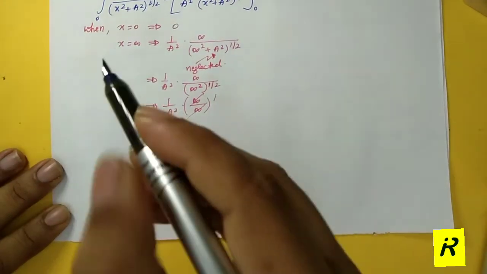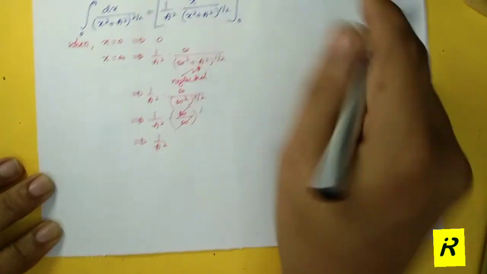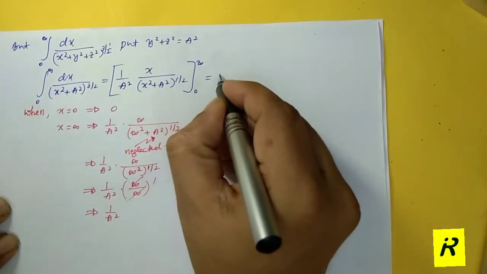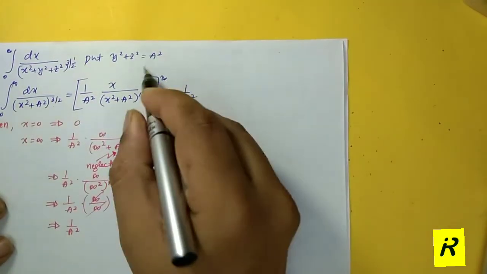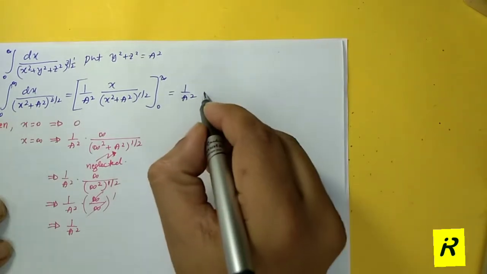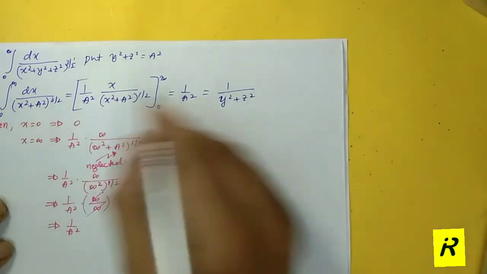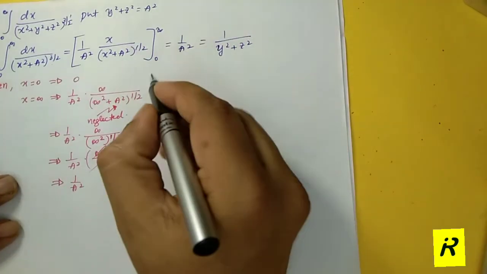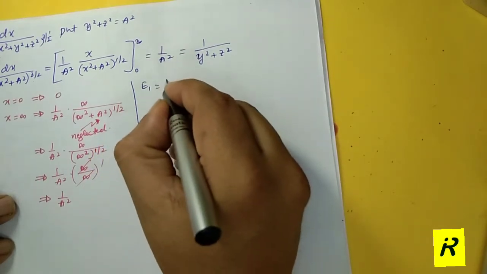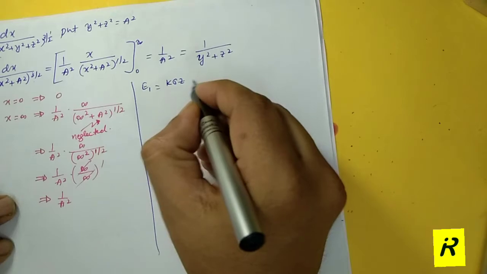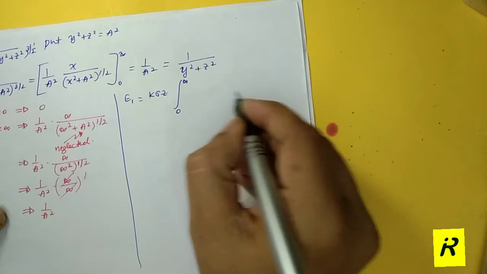So instead of this integration, I can simply write 1 divided by a square. This is the answer. What is a square? A square is y square plus z square. So it is 1 divided by y square plus z square. This is the result of the integration inside the bracket. That means E1 equals k sigma z, the integration from 0 to infinity, and we have one more integration.